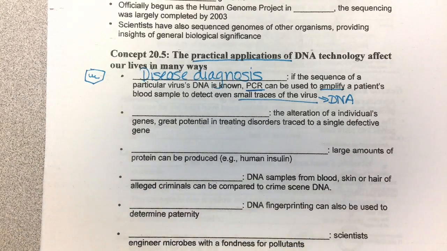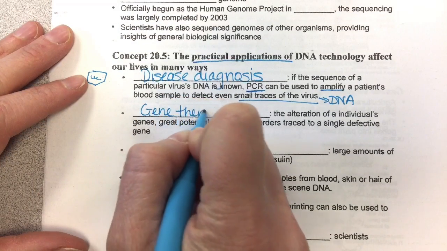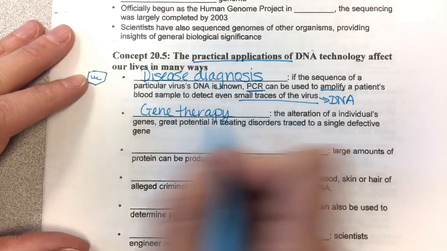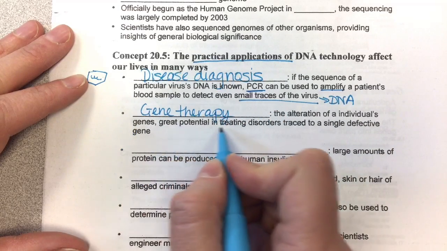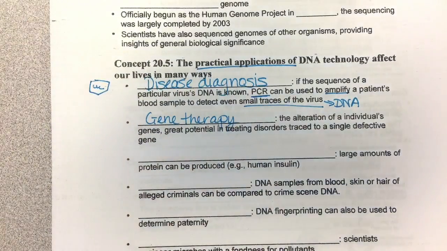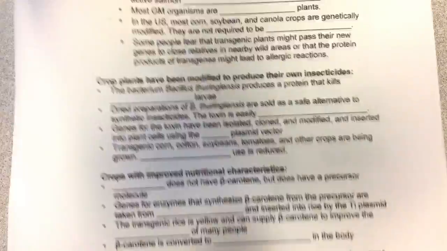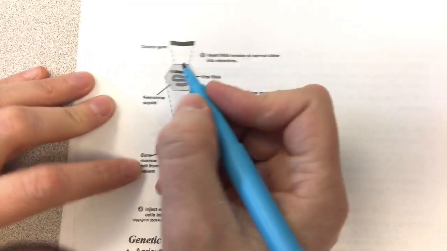Another thing is gene therapy. The alteration of an individual's genes, with great potential in treating disorders traced to a single defective gene. If we go back and look at this picture on the next page, it is gene therapy.